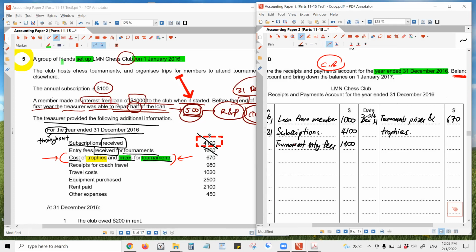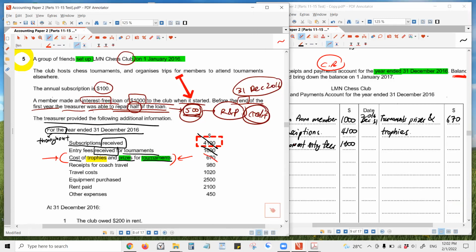Okay, then what is next? Continue. Receipts for coach travel. Coach is the coach that teaches the members to play chess. It's a chess club, right? So it's the chess coach, the trainer.